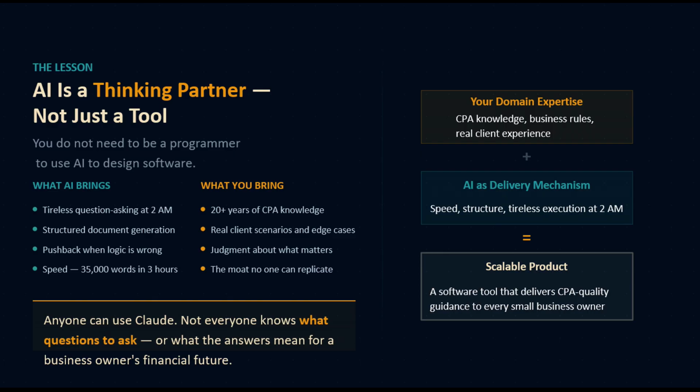And the real thing is you have to combine your domain expertise. In my case, it's financial CPA knowledge. If I combine that with artificial intelligence, when you combine those two things together, you're going to drive really great requirements.